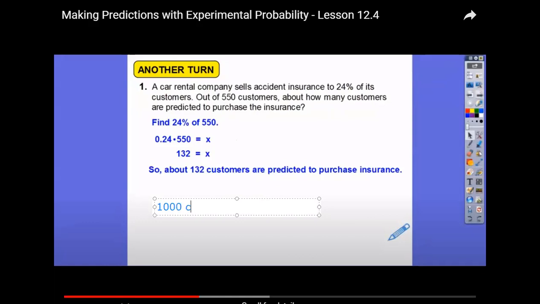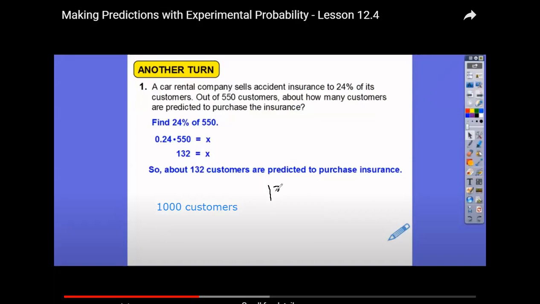So in case we have just 1000 customers, how many customers are predicted to purchase the insurance? We said that we have 132 out of what?